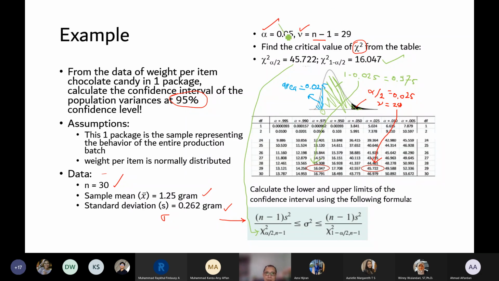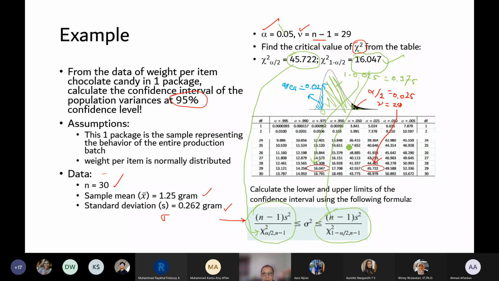So the big number, this one, goes to the left-hand side of this equation. So you'll end up with a ratio that is smaller. Conversely, the smaller value of chi-square must go here, the upper bound of the CI.